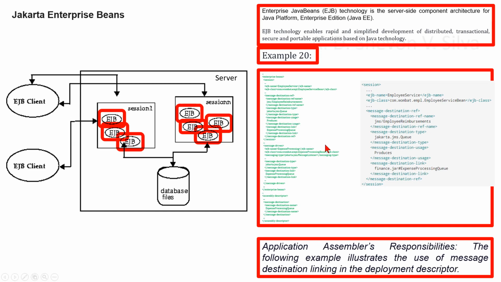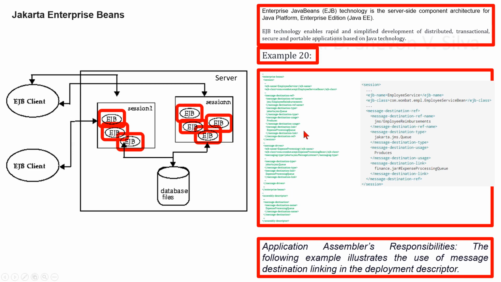To avoid the need to rename message destinations to have unique names within the entire Jakarta E application, the application assembler may use the following syntax in the message destination link element of the referencing application component.